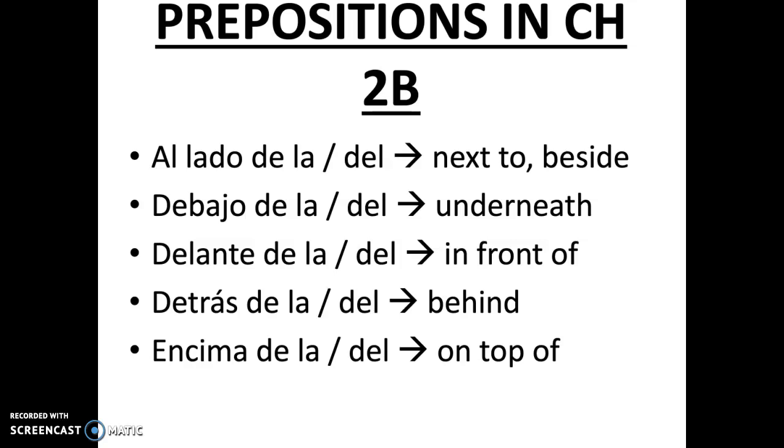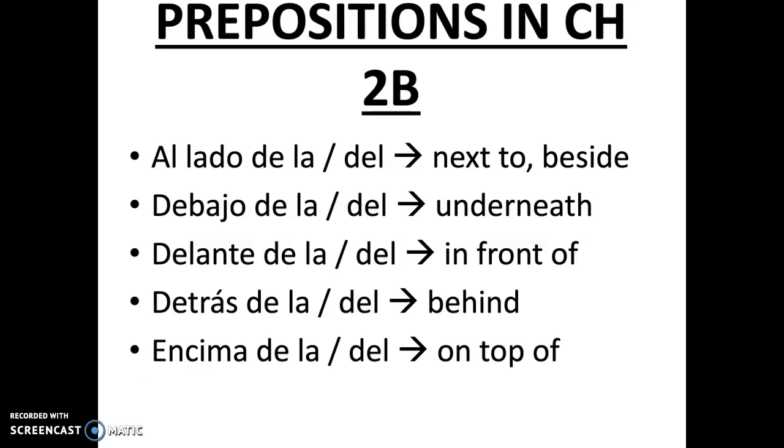Looking at our prepositions, you notice in all of them, they say de la or del. Why do we think this is? This is because it depends on the noun that follows. If our noun is feminine, for example, the word silla or chair, we would use de la.